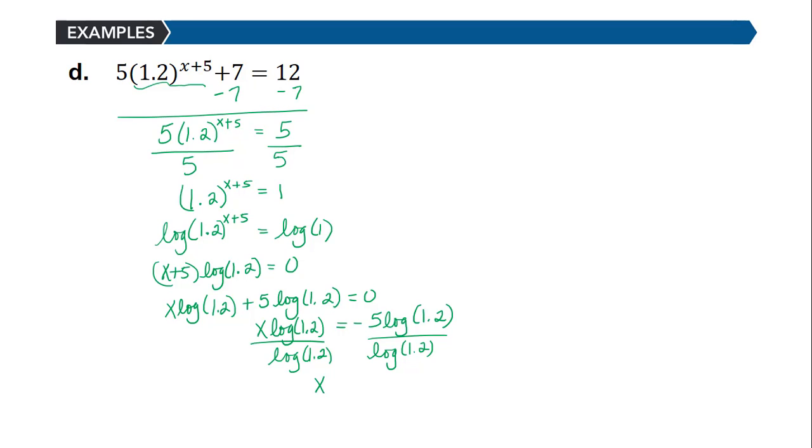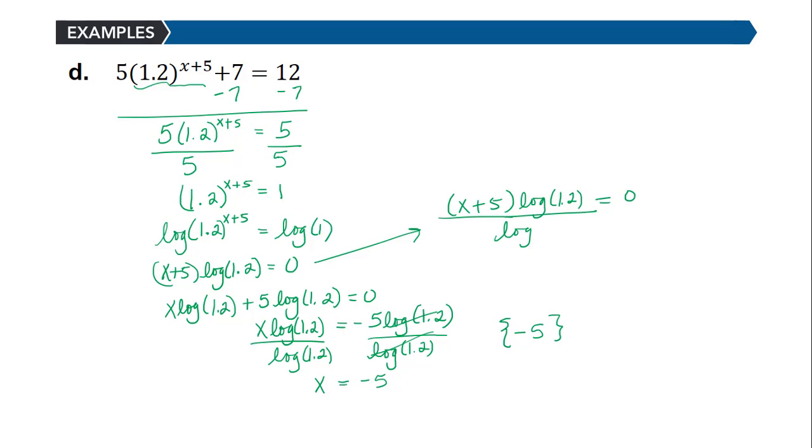So when we do that, we get x is equal to -5. And actually, in this step where I had x plus 5 times the log of 1.2 equals 0, I could have divided each side by the log of 1.2 there to just get x plus 5 equals 0, or x is -5. So either way is acceptable.